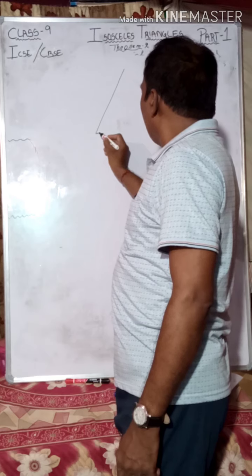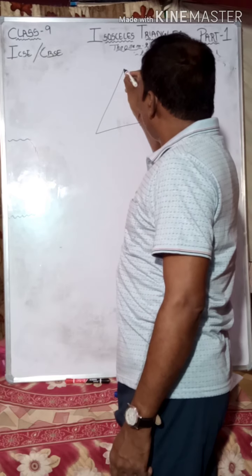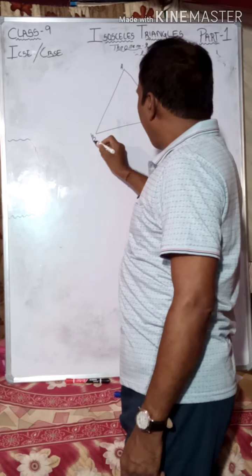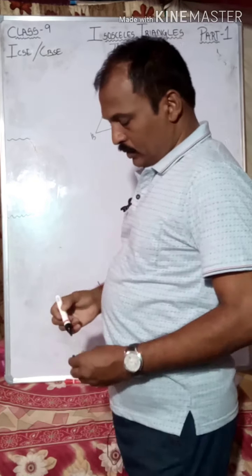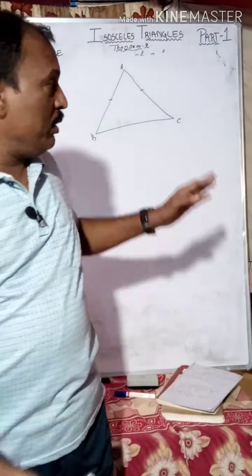Now look, this is an isosceles triangle ABC, AB is equal to AC.